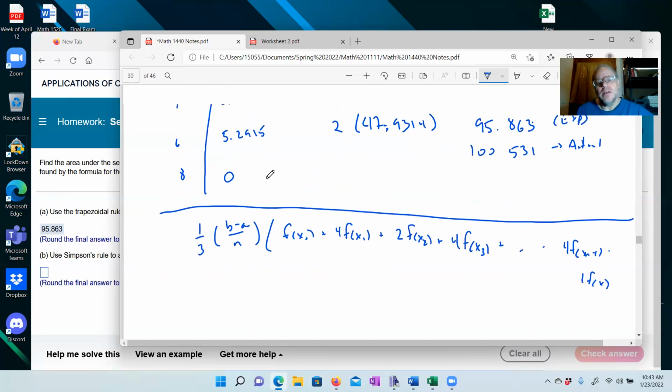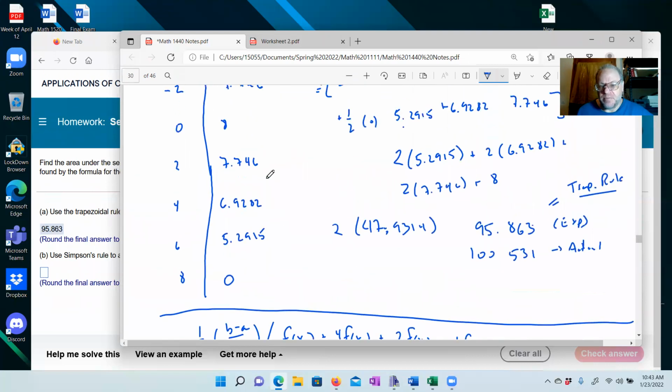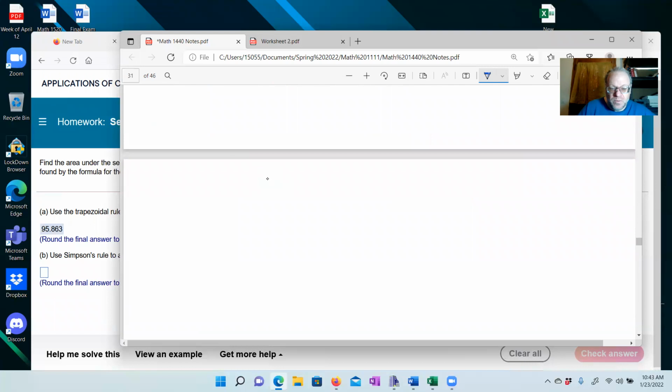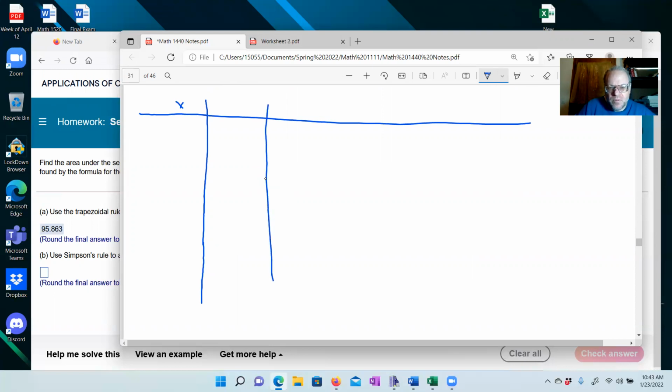Okay, so what I would do here is make my same sort of table that we did the first time I did this. Line paper would be nice. We have our x's, we have our y's. I'm going to put my coefficients in, that's the 4, 2, 4, 2 business.